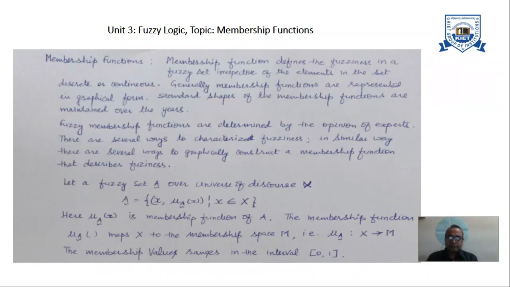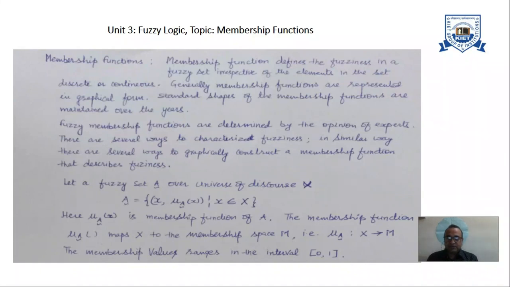So generally, membership functions are represented graphically. Lots of ways are there by which graphically we can represent the membership function of a given fuzzy set. Generally, these graphical ways are the triangular way, which is one of the mechanisms by which we define the membership function.